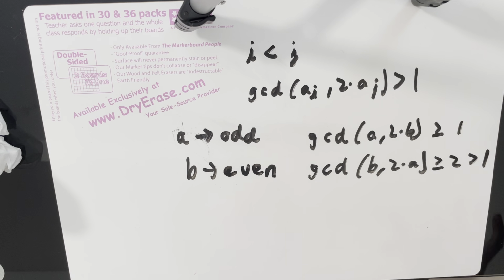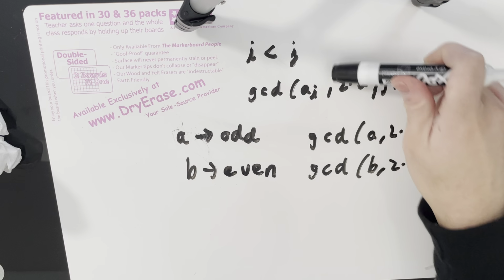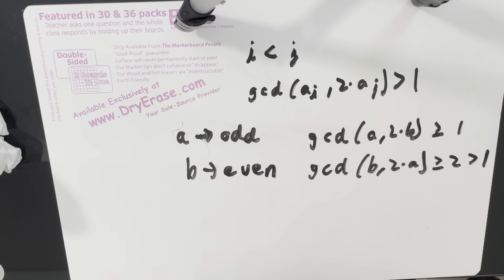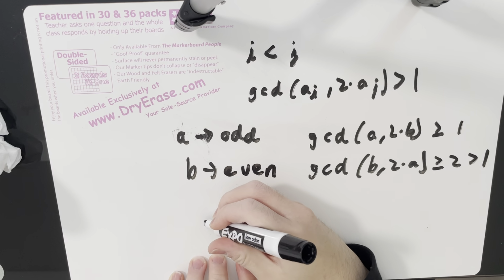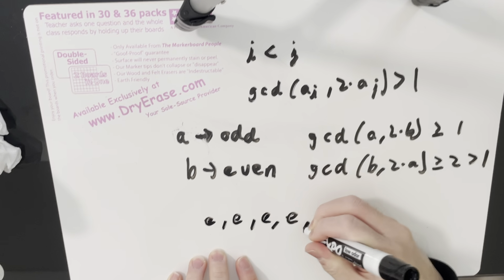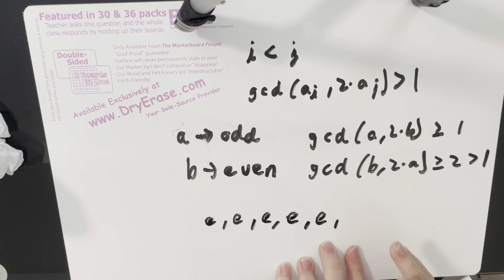All other pairs of GCDs, if they don't need this factor of 2 to have a GCD greater than 1, it doesn't matter how you rearrange them, their GCD will always stay greater than 1. So what the implementation will look like is that you take all of these numbers and put all the even numbers first, so E is an even number, as some prefix of your construction, and then you put all the odd numbers in the suffix.